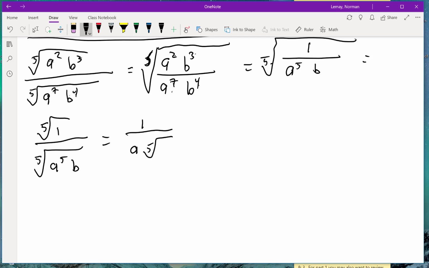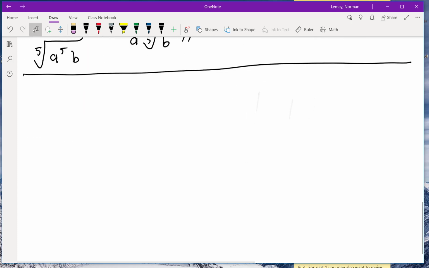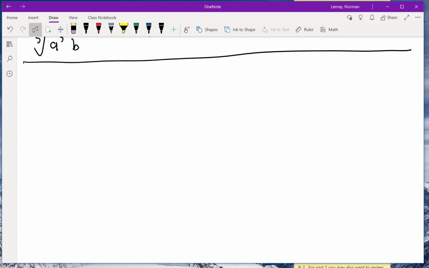And we have the fifth root of b. Again, we'll stop here. It's coming up, but we will rationalize the denominator. And that is, how are we going to get rid of the radical that is in the denominator? Somewhere, somehow, somebody a long time ago said that that's what we have to do.